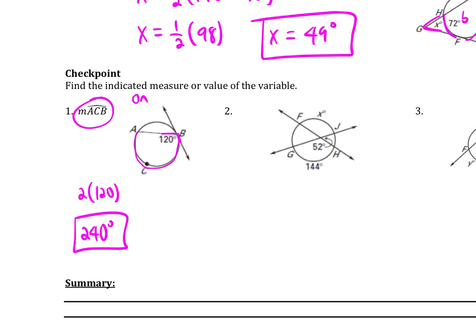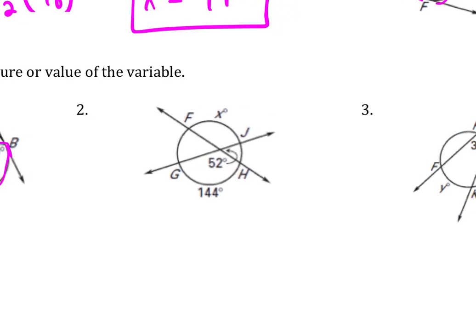Nice. All right, for number 2, we actually have this arc here, which is x. They threw you off a little bit here, kind of goofy, and they're kind of mean. They called this angle right here 52, which is not what we want. The angle we need has to be lined up with the arcs.